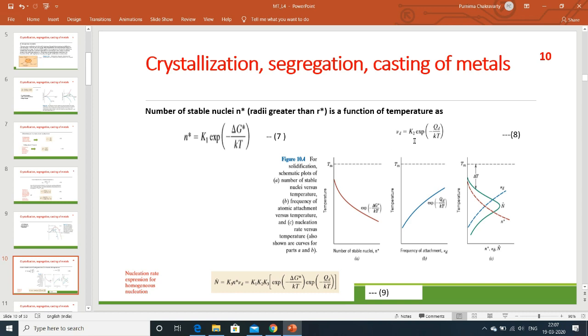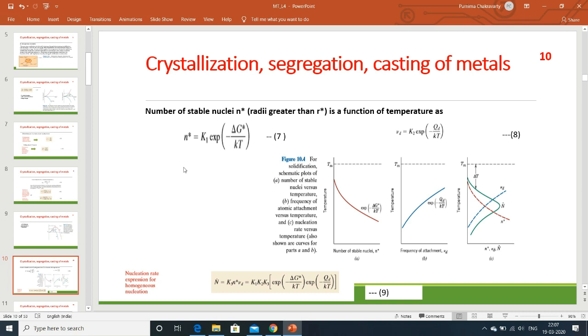And here the term n star comes, and n star means the number of stable nuclei. If you remember in the previous slides, I told you what a stable nuclei is.